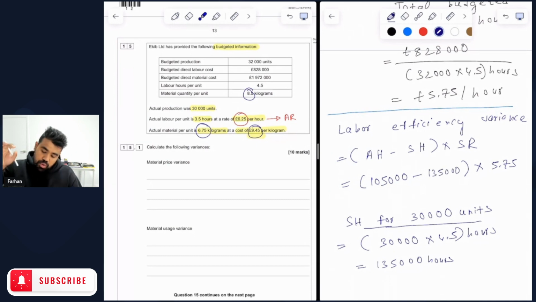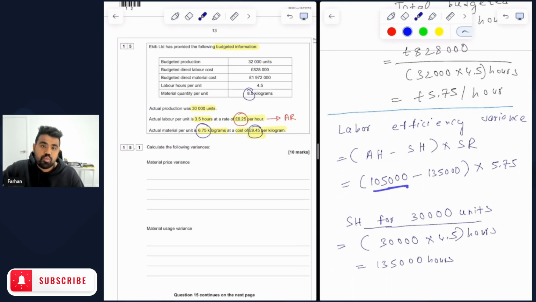So within the formula, we had to find the difference between actual hours and standard hours for 30,000 units, and then multiply that difference with the standard rate. The standard rate is 5.75 pounds per hour, which we had calculated for the previous variance. The actual hours for 30,000 units we already know is 105,000.